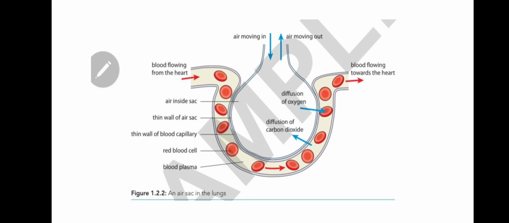So, these blood capillaries will help in the movement of oxygen towards the body cells, and they also help in the elimination of carbon dioxide from the body cells via the lungs. So, that's what is happening in the movement of carbon dioxide and oxygen.